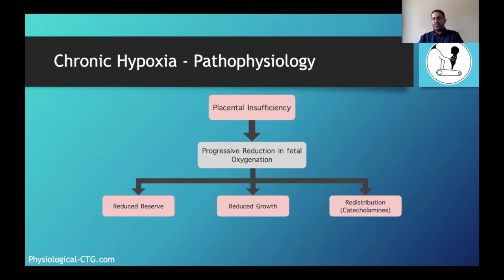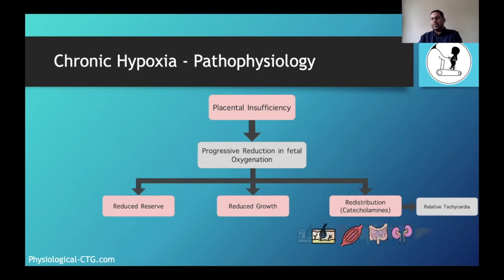The first thing that happens with catecholamine secretion is a relative tachycardia. Baby's heart rate would be beating at a slightly higher rate than what it used to be. Then redistribution starts, following exactly the same pathway that it used for gradually evolving hypoxia. And it can even reach heart failure and stillbirth.